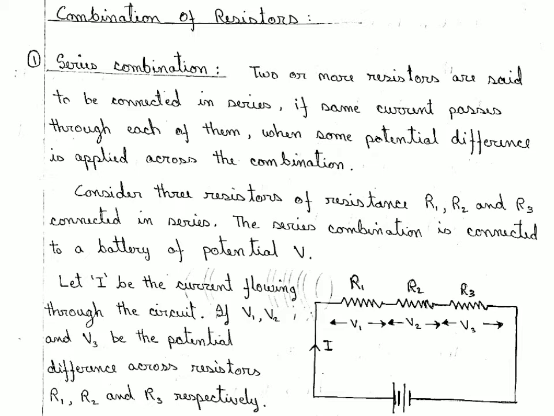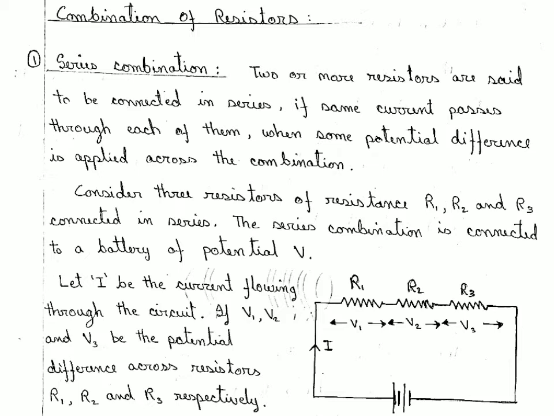So here the potential difference across R1 will be V1 and it is equal to IR1. The potential difference across R2 will be V2 and it is equal to IR2. And the potential difference across R3 is V3 and that is equal to IR3.